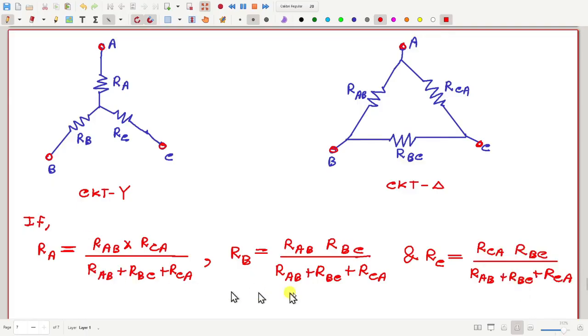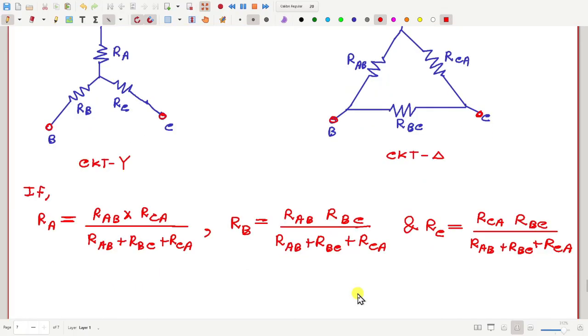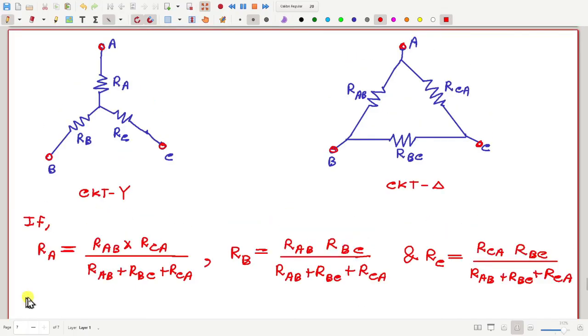If these equations are true, then the above two circuits are equivalent. What do I mean by the two circuits being equivalent?